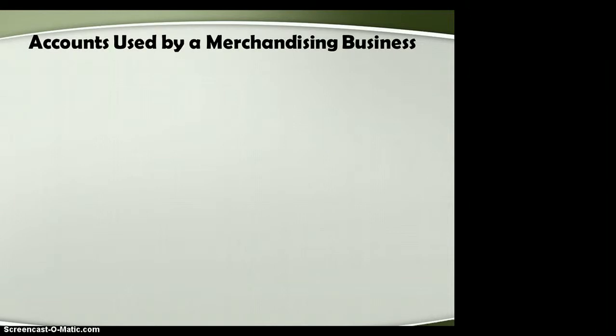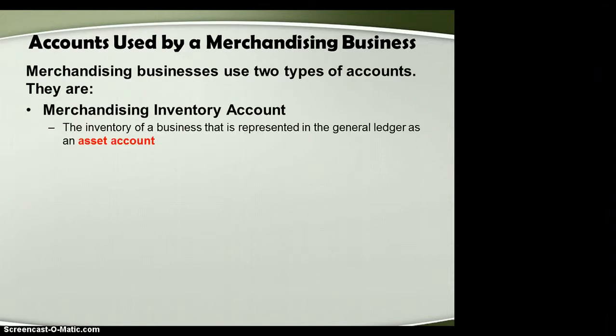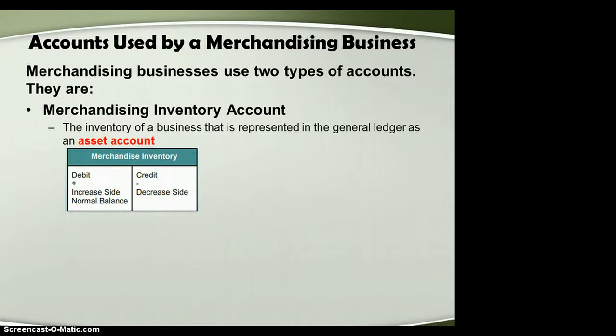So then accounts that are used by a merchandising business. What we're going to look at first is the merchandise inventory account. So the inventory account of a business is an asset account. So their inventory is items that they own, getting ready to sell, but at that point they still own them, so it's an asset account. So this is what a merchandise inventory account is going to look like.